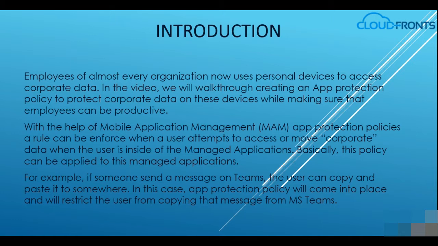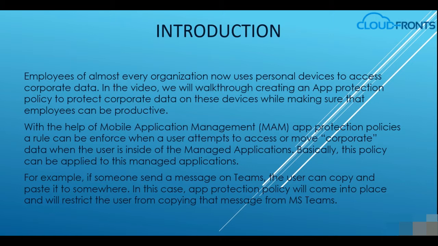With the help of MAM app protection policies, a rule can be enforced when a user attempts to access or move corporate data when the user is inside of the managed applications. Basically, this policy applies to the managed applications, which we will be seeing further.